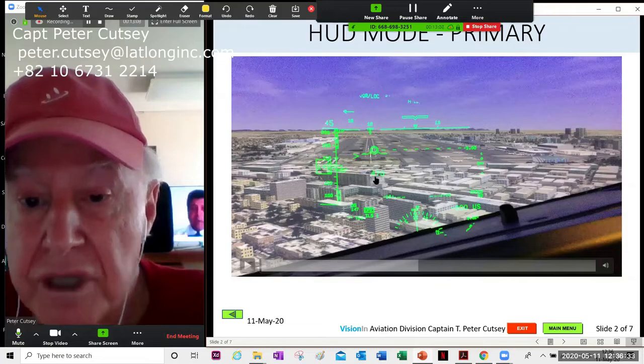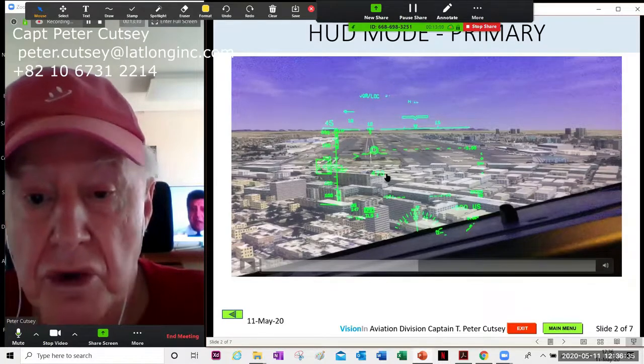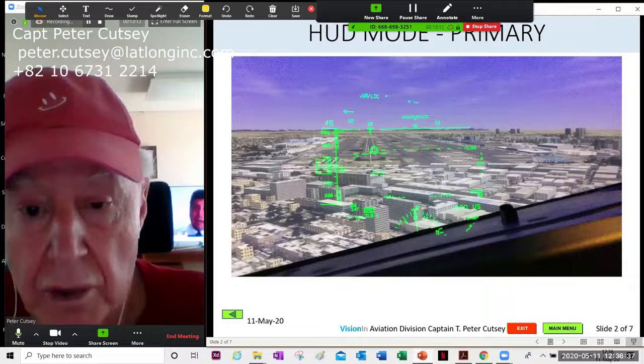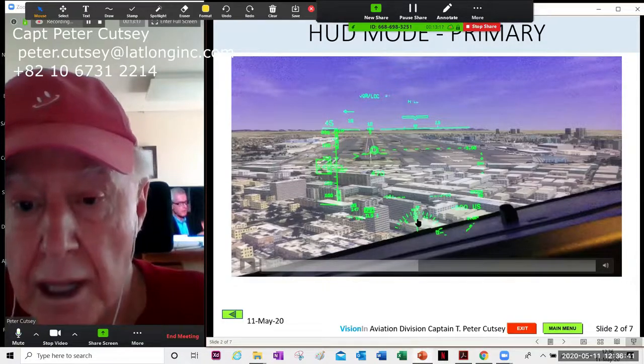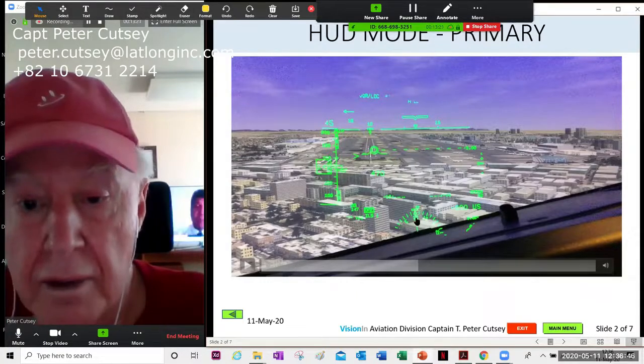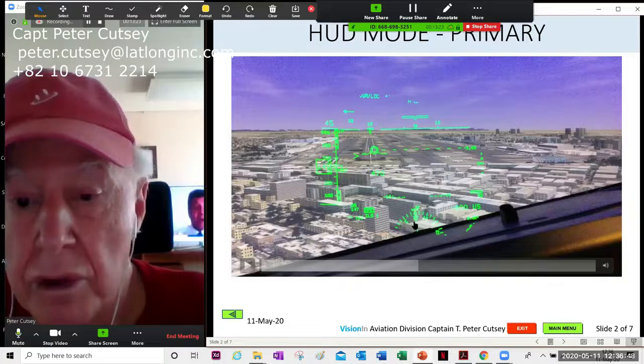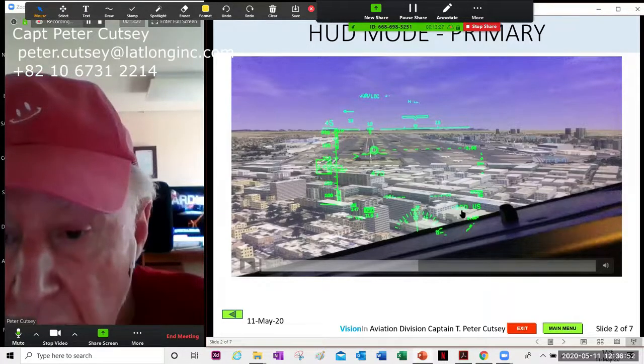Here, 470 is your altitude above ground, your radio altitude. All right, here's your compass rose down here at the bottom. And here is your course line for the runway, which is 119 degrees. And here is your VSI, your rate of descent.